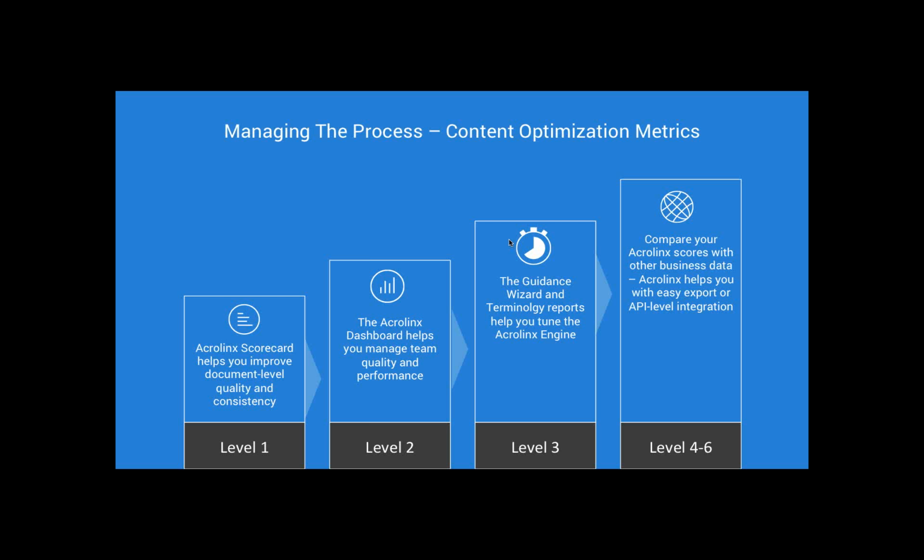How does this compare to conversion rates on landing pages or click-through rates on shopping cart purchases, or how does it compare to the little like score that customers give you for your technical support content? There's all sorts of fascinating ways you can start correlating content quality to other business performance metrics, and we make it really easy to do that.